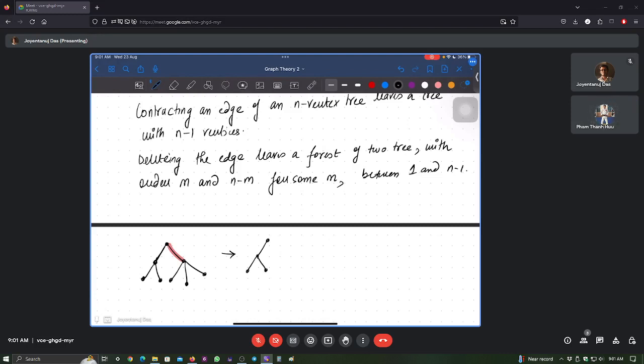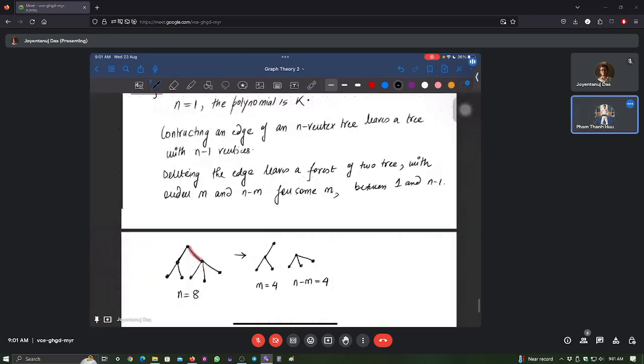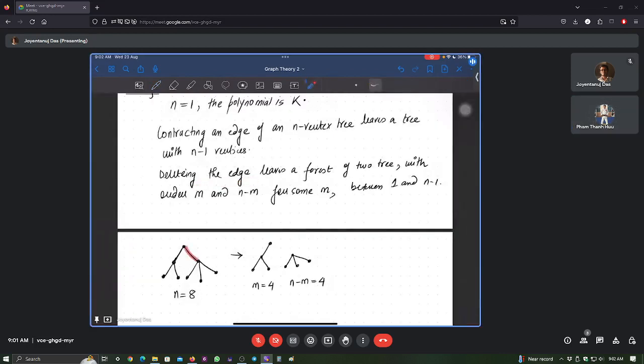So this and this. So this is a forest that has two trees. The original thing was 1, 2, 3, 4, 5, 6, 7, 8. N equals 8 was there. And now it is 1, 2, 3, 4. So m is 4 and this n minus m is also 4. So deleting an edge leaves the forest with two trees of order m and n minus m respectively, right?